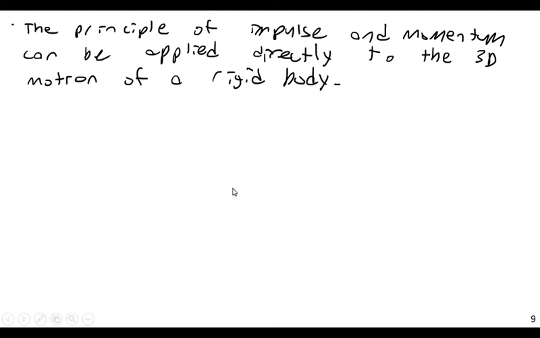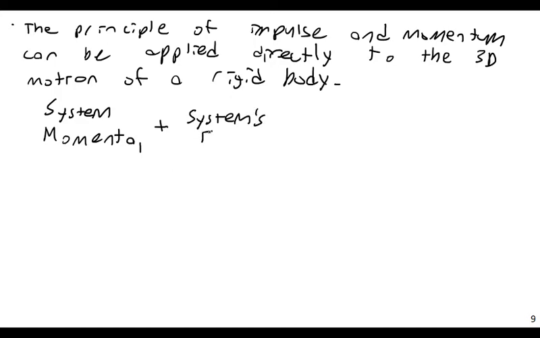And the way we think of this is that the system momenta at point 1, and the momenta here being plural because we're talking about linear and angular at point 1, plus all of the external impulses on the system, all of these will be equal to the system momenta 2, the momenta at some final point.